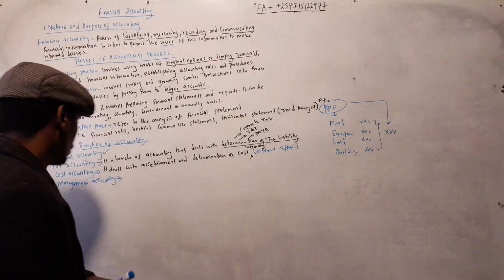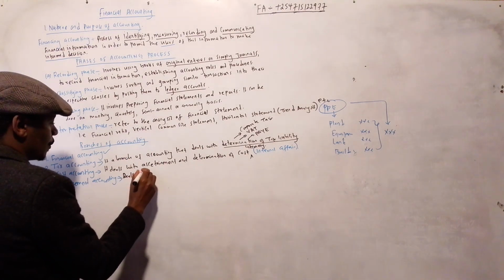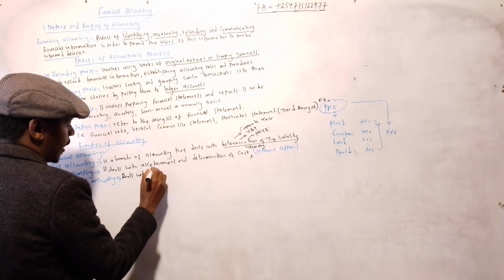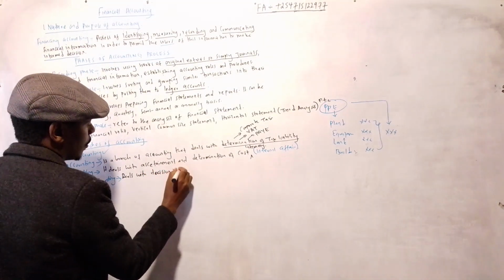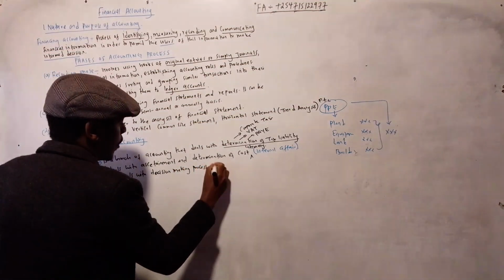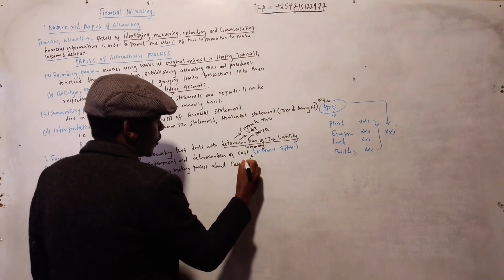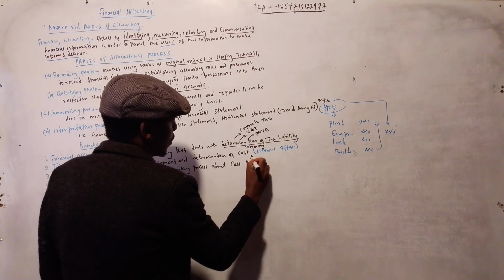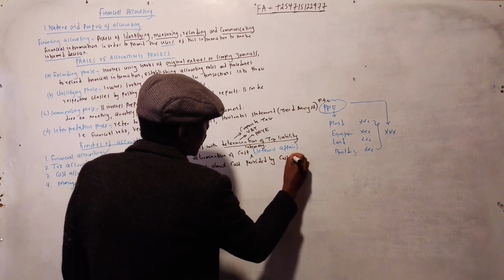So this one deals with the decision-making process about cost provided by the cost accountant.